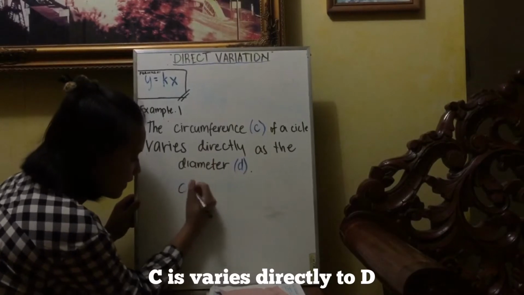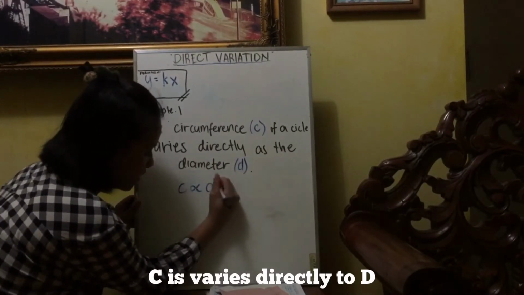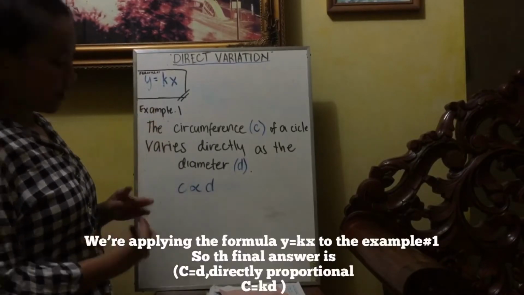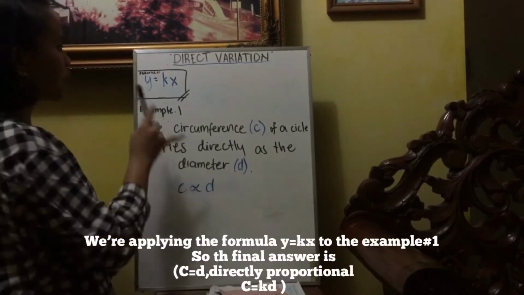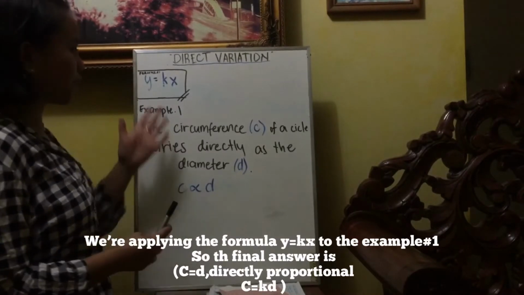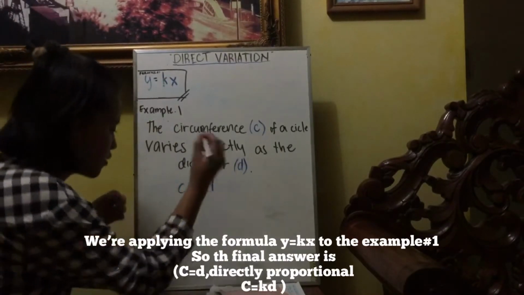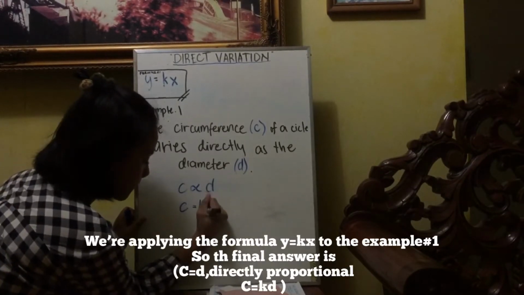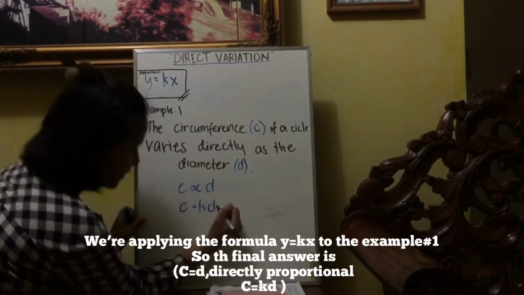And we apply the formula, and now we put the constant of variation, the k. So C equals kd.